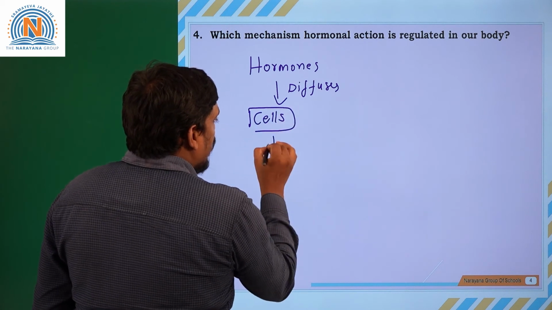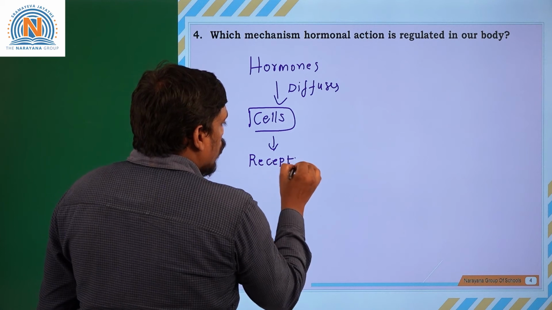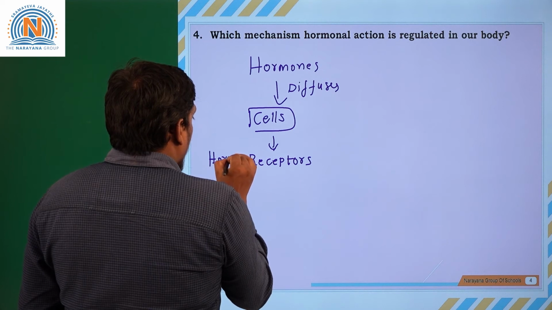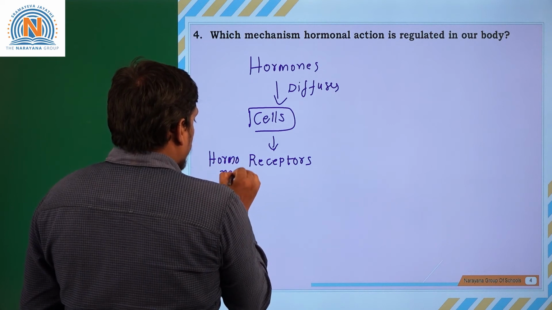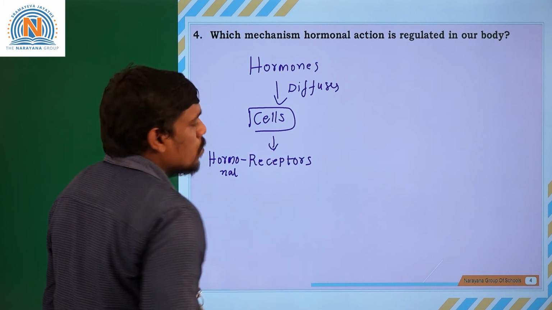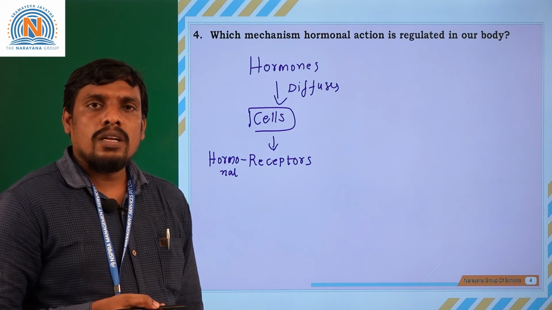The cells have receptors, hormonal receptors. These hormonal receptors receive the hormones and undergo certain kinds of biochemical reactions.